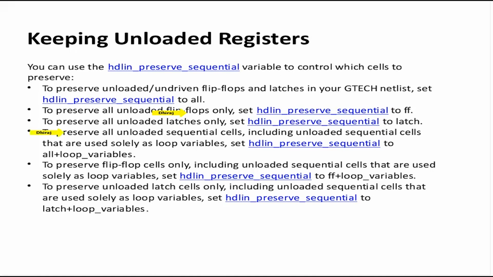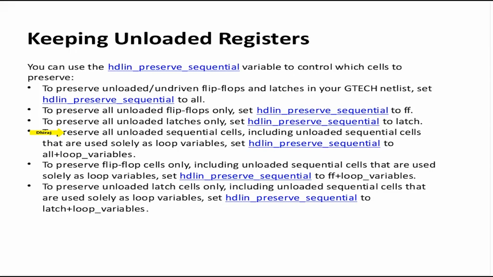To preserve all unloaded sequential cells, including unloaded sequential cells that are used only as loop variables. Please ignore this for now. We don't need to go deep into this now. The loop variables are part of for loops. In a software concept, a loop variable is nothing but the loop count.